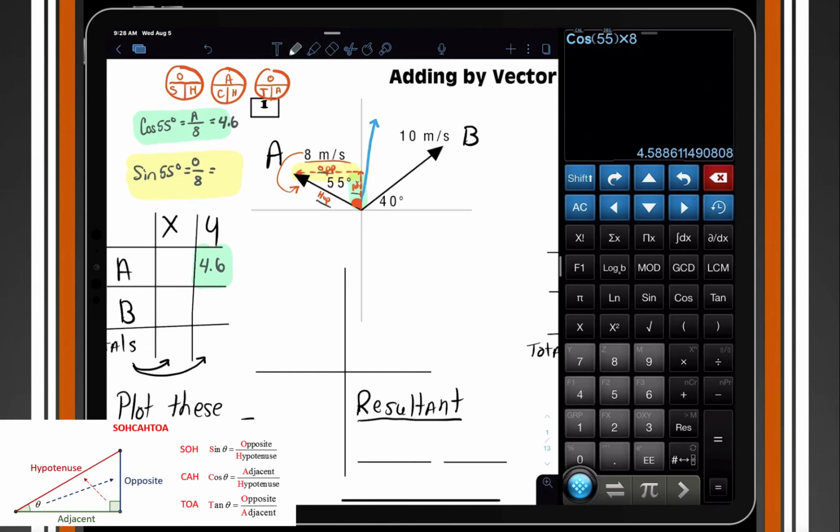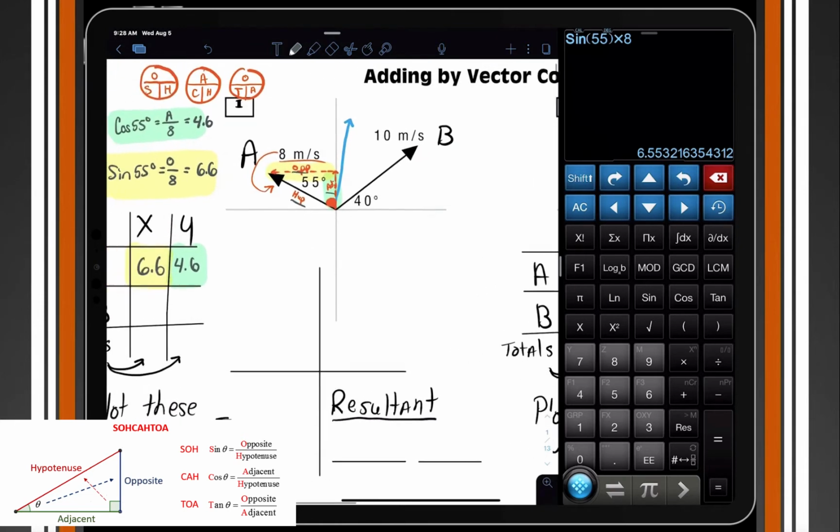We put this into the calculator. We have sine 55, close it, times 8 equals 6.6. So that value we determined to be the x-axis. So that's 6.6.